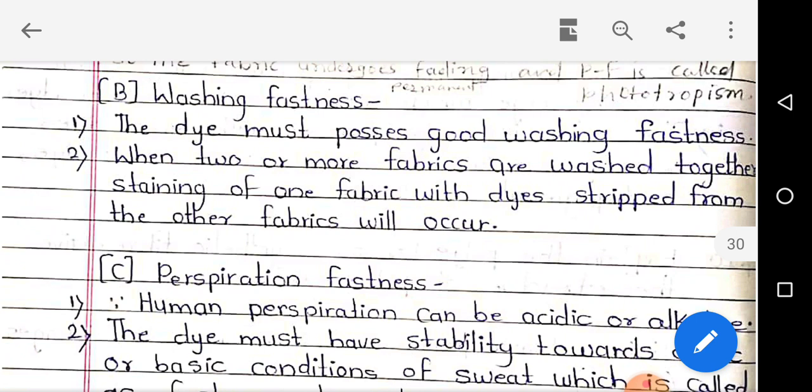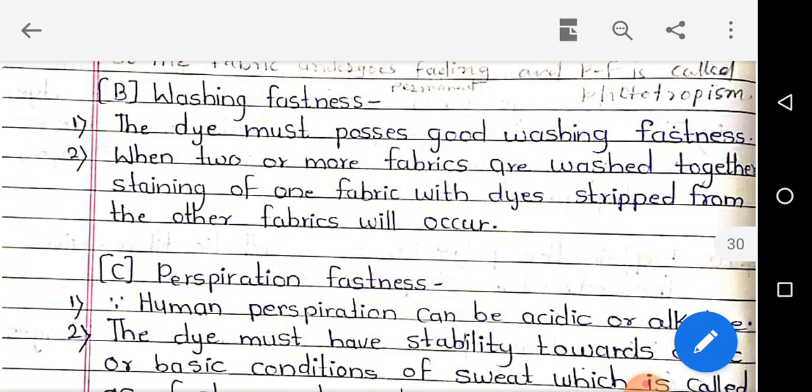So this is a fastness property. Washing fastness property should be there so that the colors can be maintained and stick to the cloth. The color should not be removed from the original one and should not affect the other ones, because in big families or big industries, a large quantity of cloths is washed collectively.